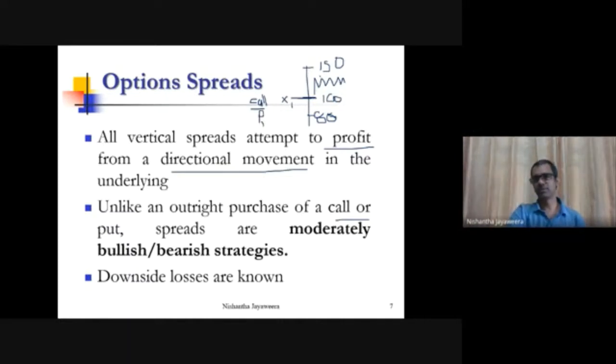But if you think the price will not move beyond that, your gain is limited somewhere here. So if you can make a calculated guess that the price won't move beyond 150, what do you do? You can reduce your cost, this premium, by selling this call.